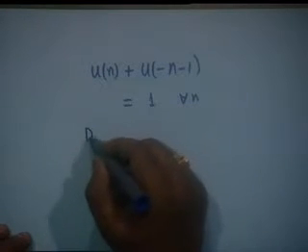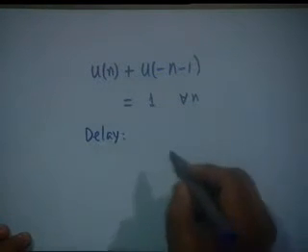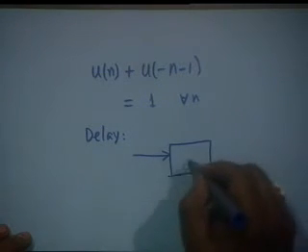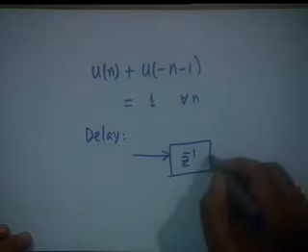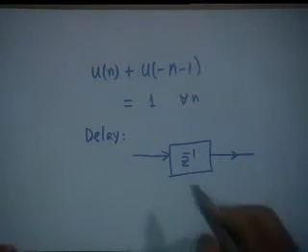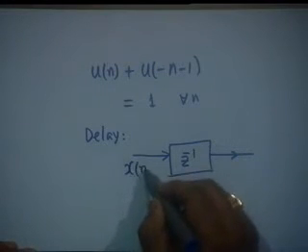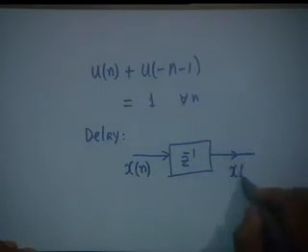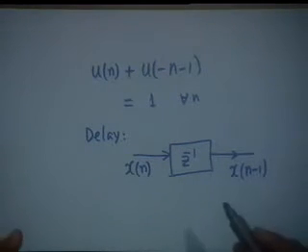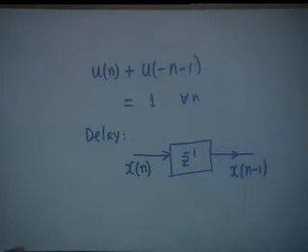And then finally, we have delay. Now, delay we shall represent by a special symbol Z inverse, the significance of which we shall discuss later, but it simply means that if you have an x of n as the input, this is x of n minus 1. In terms of hardware, it is a one sample delay.